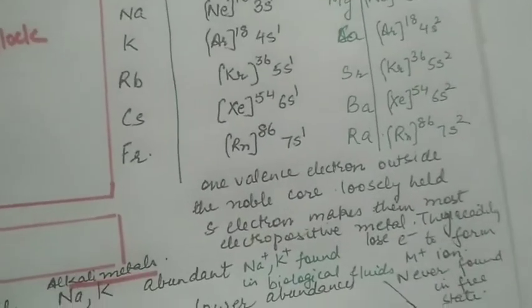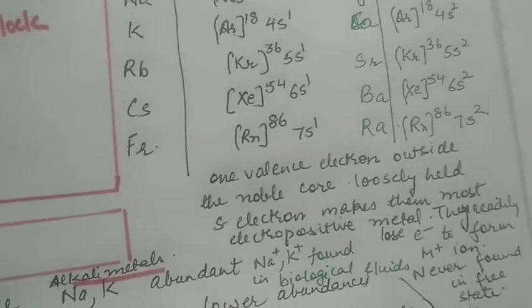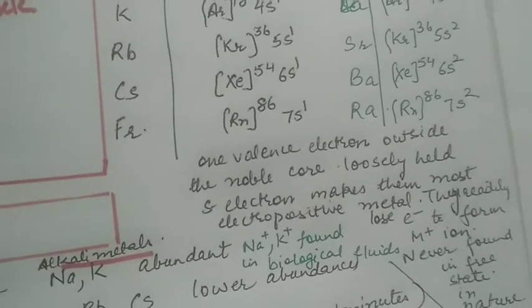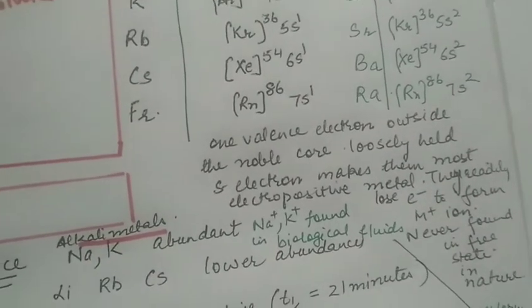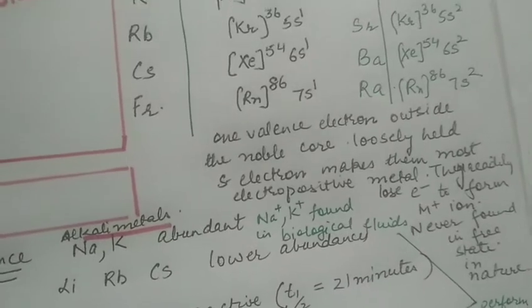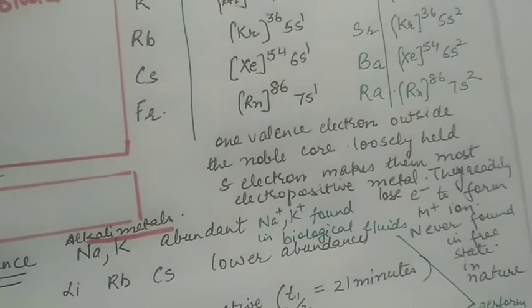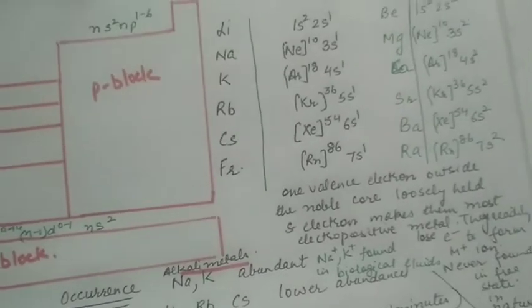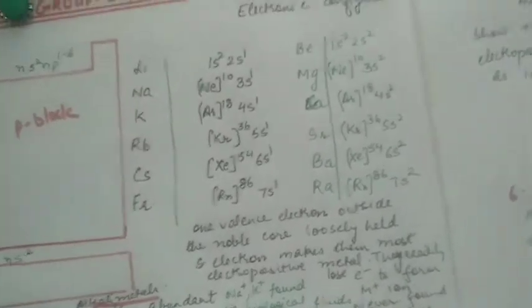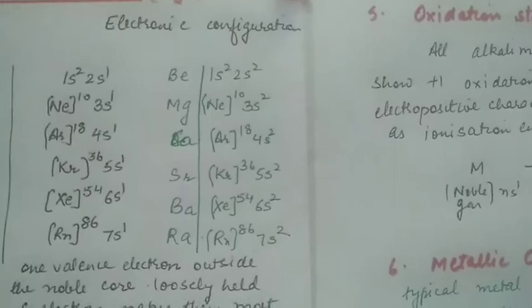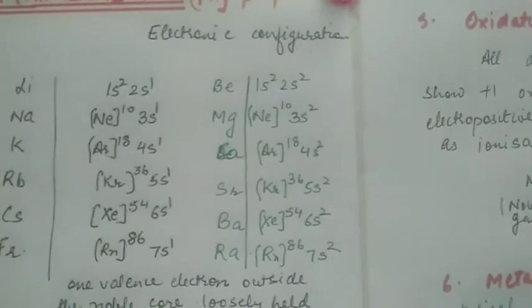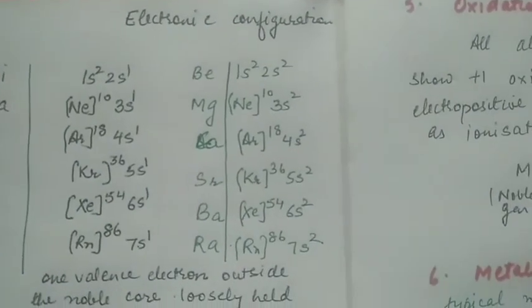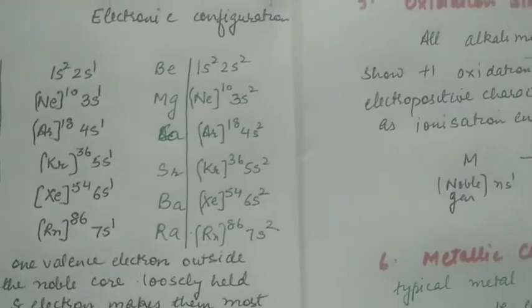For rubidium the configuration is krypton 36 and 5s1. For cesium it's xenon 54 and 6s1, and for francium it's the noble gas radon 86 and 7s1. Whereas in alkaline earth metals, instead of 1 electron in the S subshell there are 2 electrons.